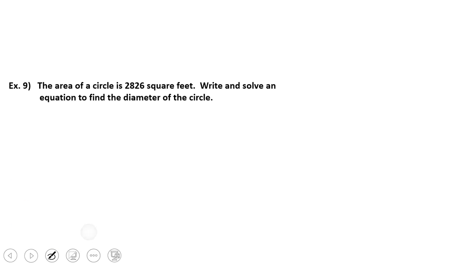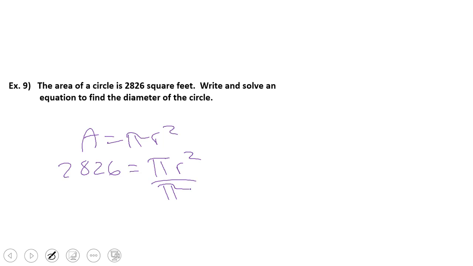Well, once again, we know that area is equal to pi times the radius squared. We're going to put in 2,826. That equals pi times the radius squared. We're doing the exact same thing we just did one moment ago. So when we divide 2,826 by pi, we get that 900 is equal to the radius squared.